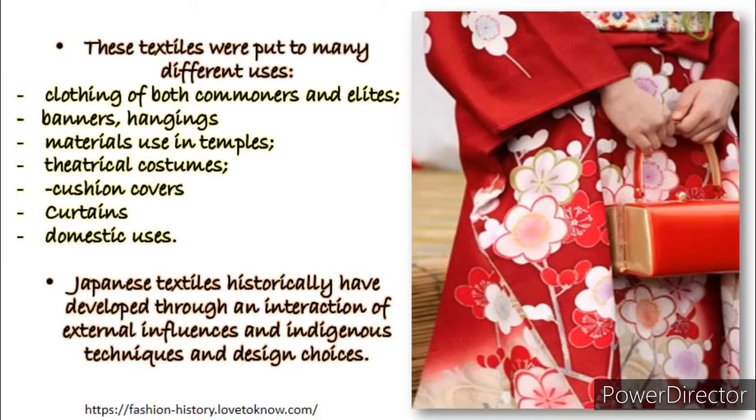As with many other Japanese arts, Japanese textile historically have developed through an interaction of external influences and indigenous techniques and design choices, and a tendency to develop both technology and aesthetics to a high degree of refinement. This is the Japan's textile.